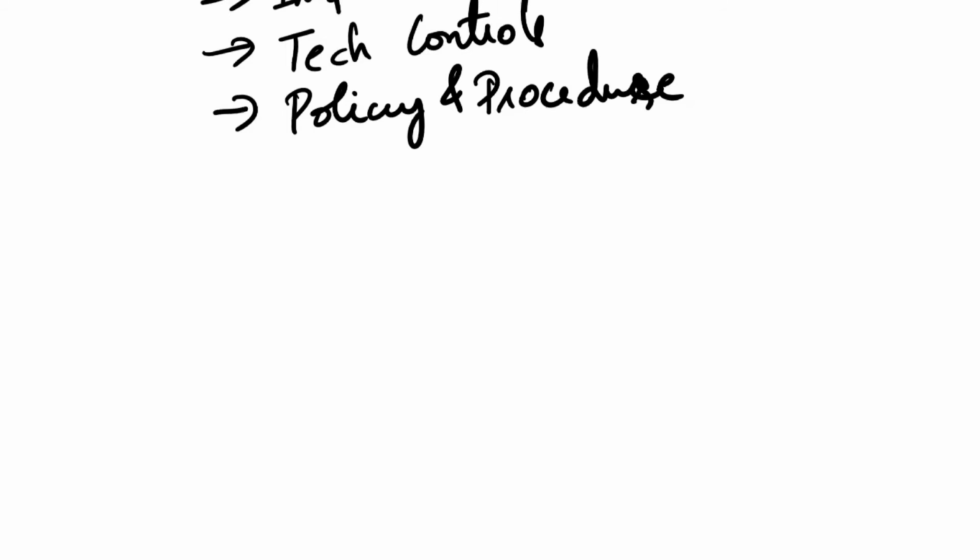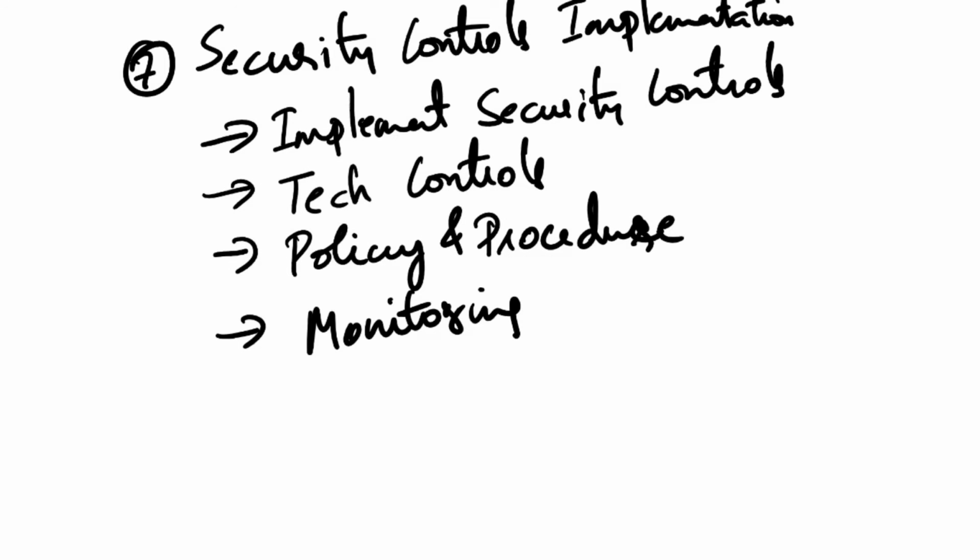Next, regular monitoring. Implement continuous monitoring mechanisms to ensure that the implemented security controls are effective over time. This involves real-time monitoring, periodic assessments, and audits. Next, incident response planning. Collaborate with third parties to develop and implement incident response plans.